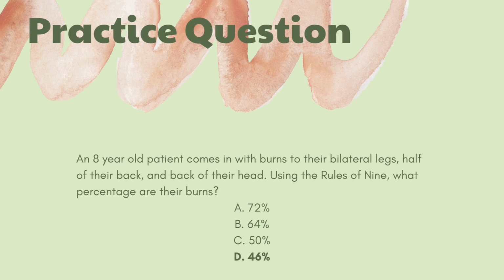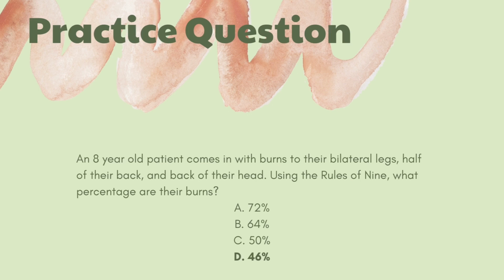An 8-year-old patient comes in with burns to their bilateral legs, half of their back, and back of their head. Using the rules of 9, what percentages are their burns? Well, this patient is under the age of 9, so their burns would fall into the infant burn category. So, their bilateral legs are 14 each, so 14 plus 14 is 28.